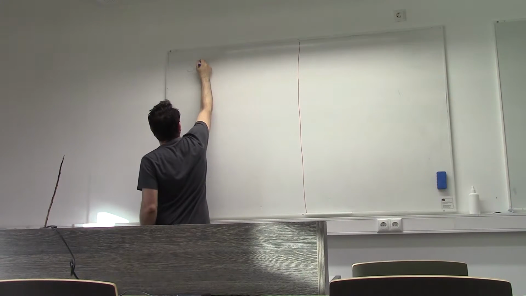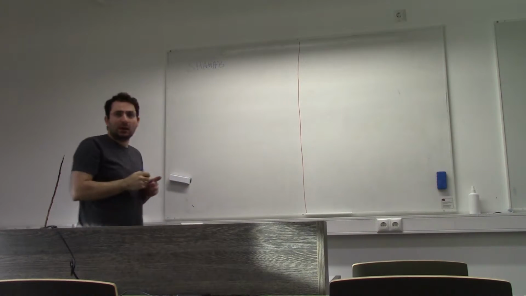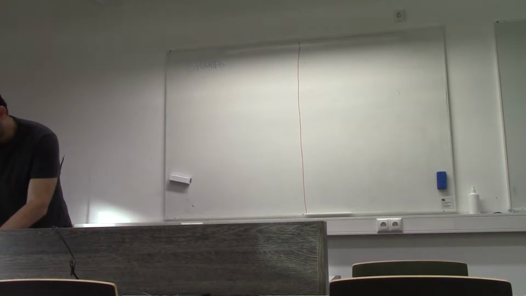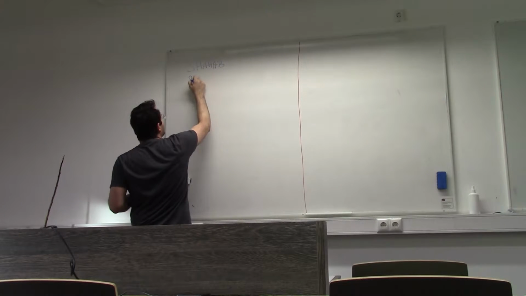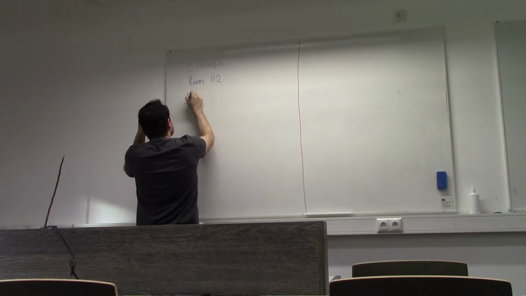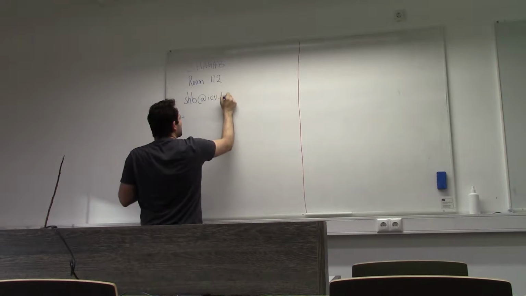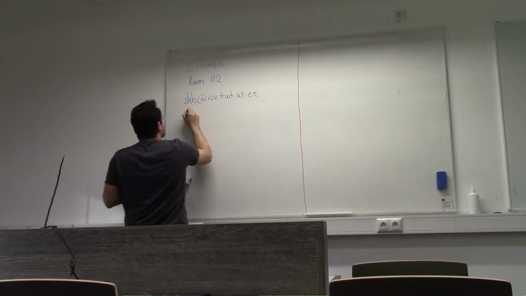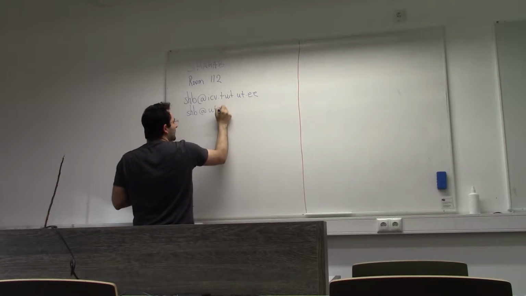I am Shah, and my office is in the Institute of Technology in room 112. My email is shb@icb.tweet.ut.ee, or you can send me an email at shb@ut.ee.